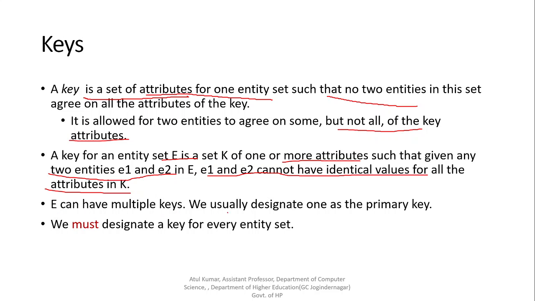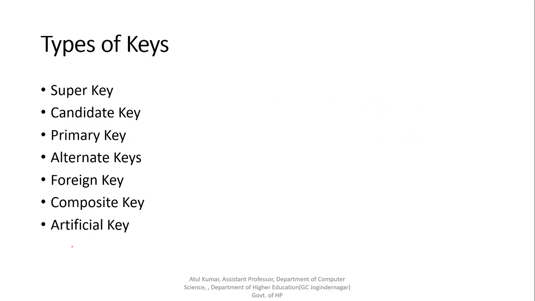We usually designate one as a primary key and the remaining keys are the alternate keys. There are different kinds of keys available in ER model and relational database model, like super key, candidate key, primary key, alternate key, foreign key, composite key and artificial key.